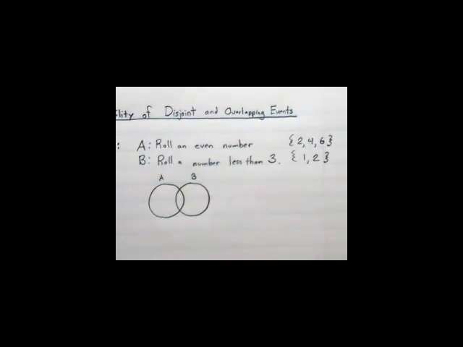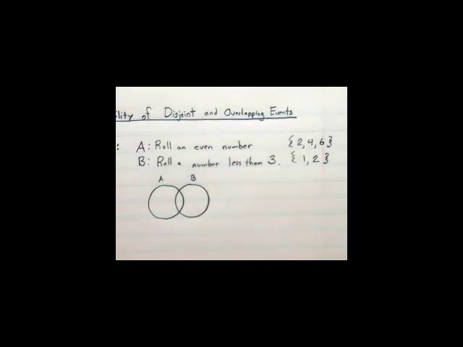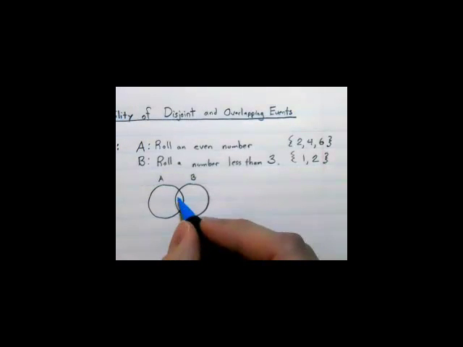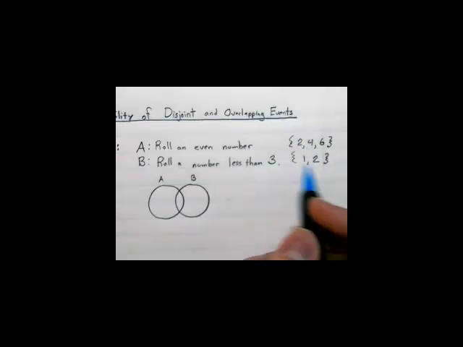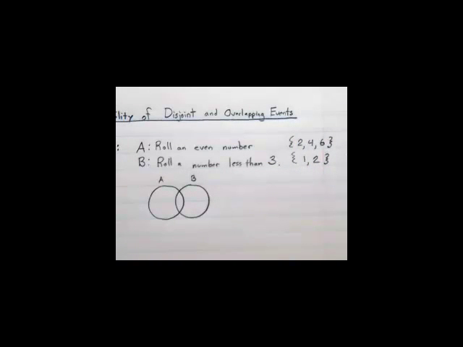All right. Anyway. So if the first circle represents event A and the second circle represents event B, then everything in the overlapping part of the two circles is the portion that overlaps. So what is going to be in that little space? 2, right?